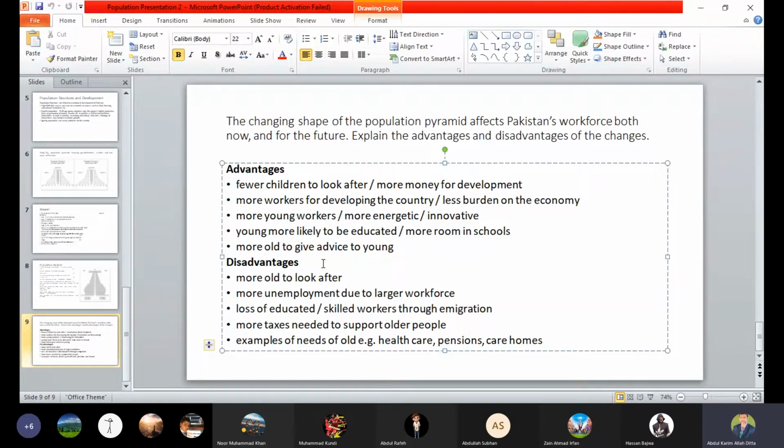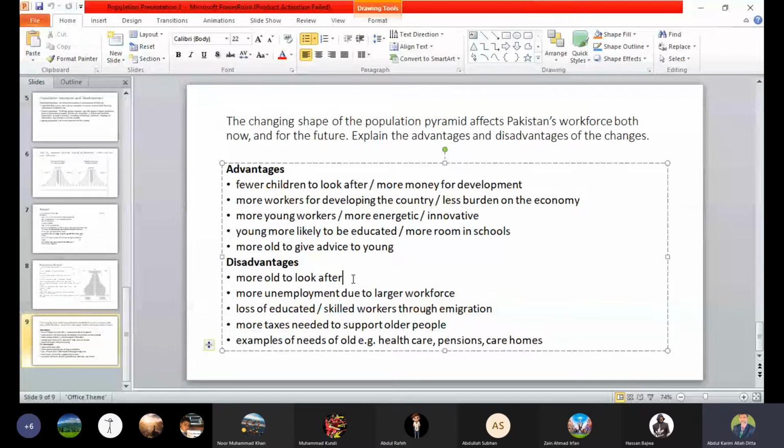Now we have disadvantages of these changes, my dear. Yes, more old people to look after, because the top of the population pyramid will be wider, with more people over 60 to look after, and more unemployment due to a large workforce.